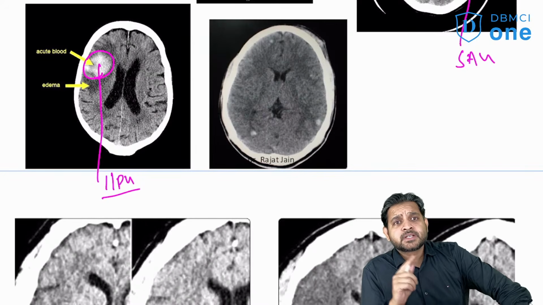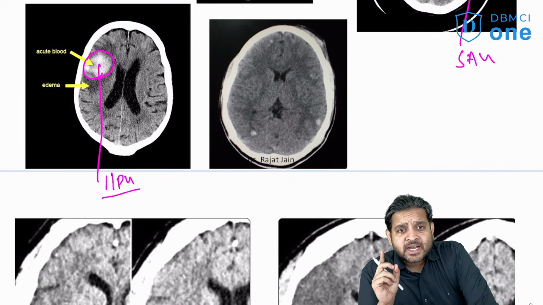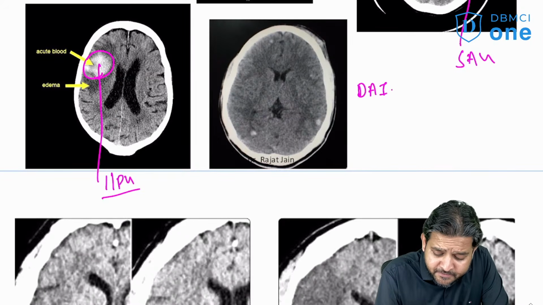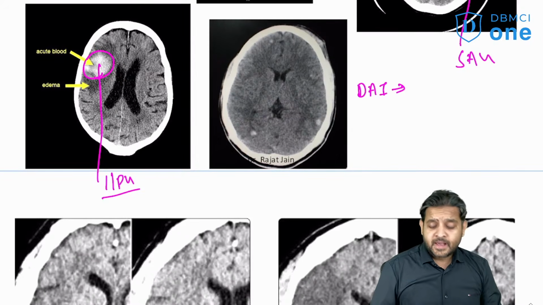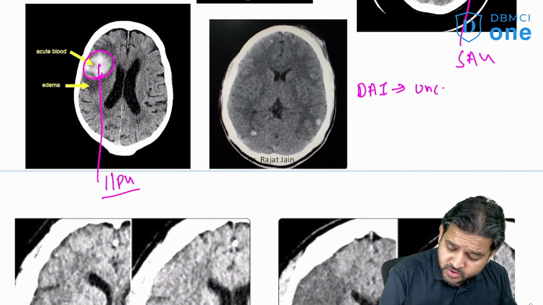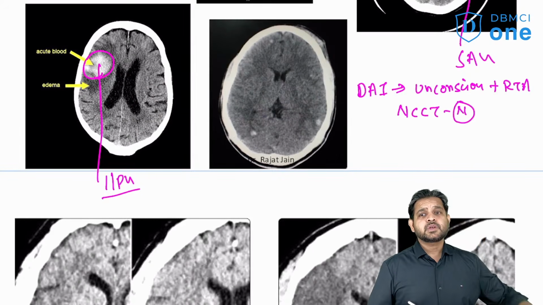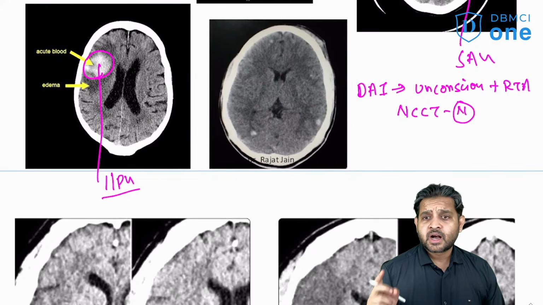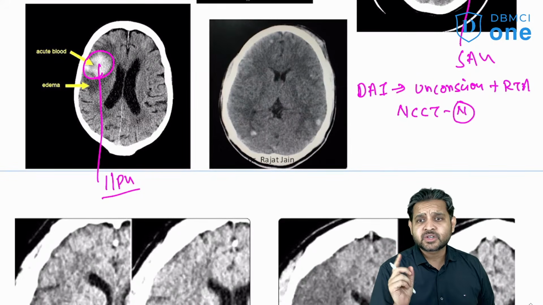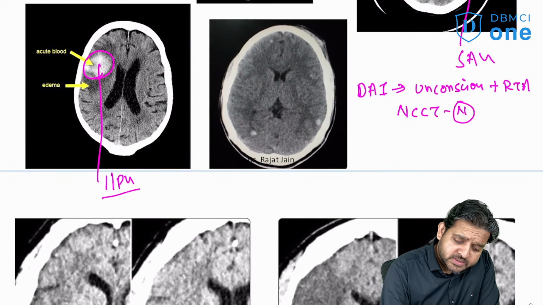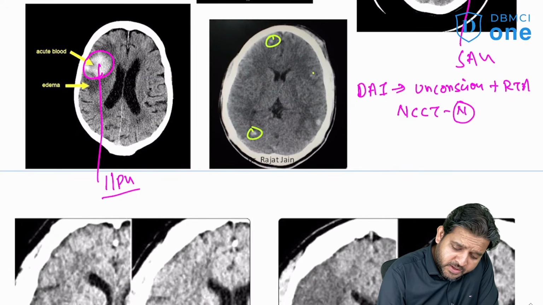So EDH, SDH, SAH and intraparenchymal hemorrhage. And then you have one more disease, which is DAI, diffuse axonal injury. In diffuse axonal injury, the patient will be unconscious after trauma, but CT will be normal. So if it's an unconscious patient after trauma and CT is normal, then think of diffuse axonal injury. Now, sometimes CT may show small hemorrhage.